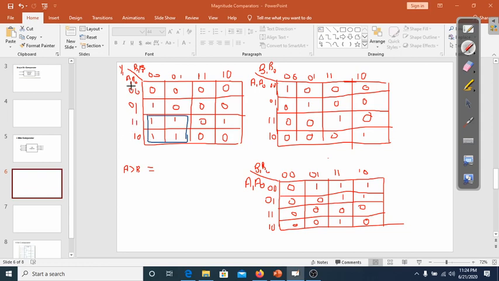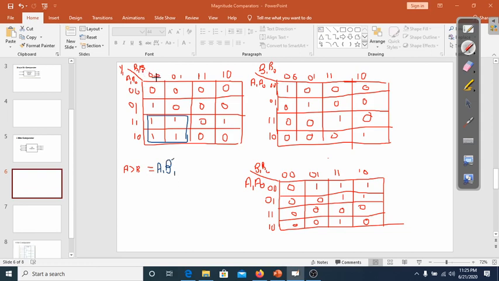When we simplify these, I will get A naught and A naught prime will cancel out, so I will get A1. Here B naught prime and B naught will cancel out, so I will get A1 and B1 prime.